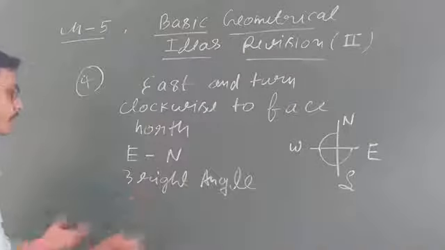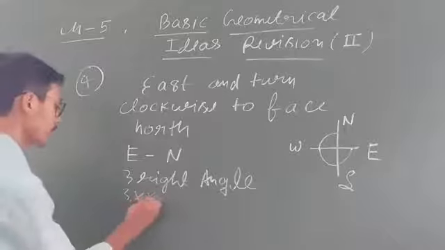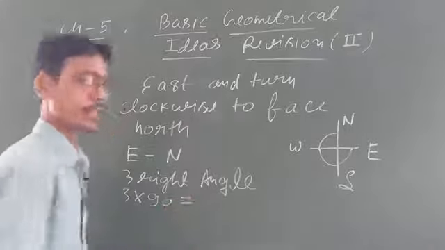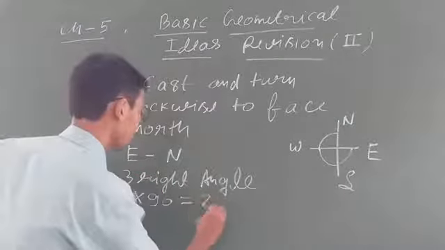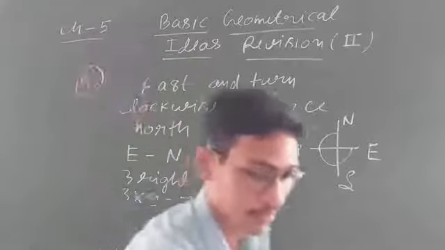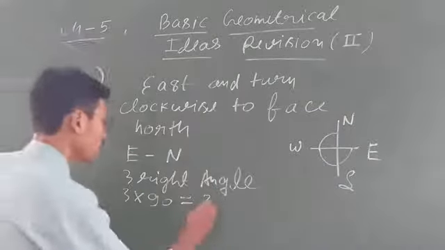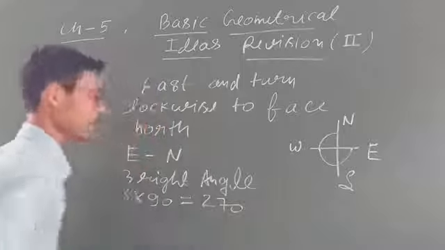Now you know the value of 3 right angles is what? 3 multiplied by 90, because 1 right angle equals 90 degrees. It will become 270 degrees. Is that clear?